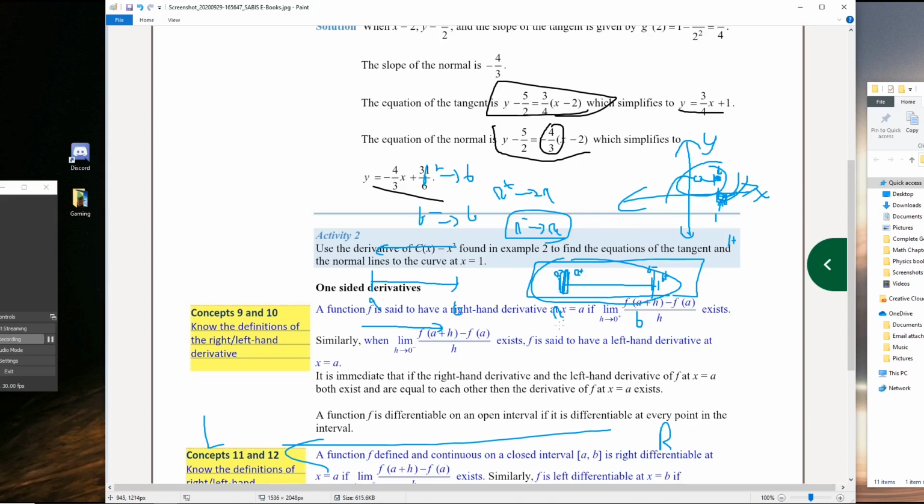So this small distance from A plus to A, this exceptionally small distance which is right here, is what I care about. So I don't care if here it's undefined, the function is going crazy here. I don't care about any point right here.